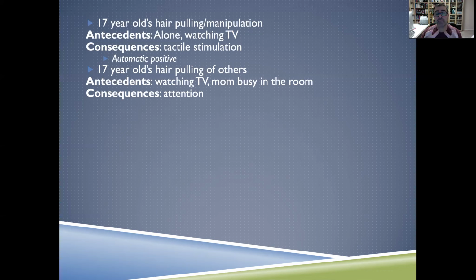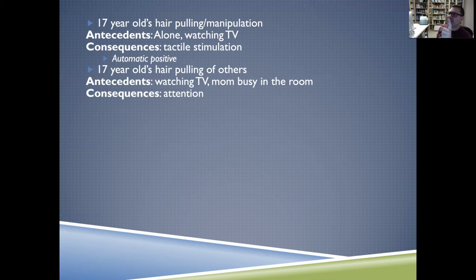Now, if we find out through a functional analysis that the teenager pulls other people's hair because of the reaction that he or she gets from other people, then extinction here would be no longer giving a reaction, right? No longer producing a reaction. That would be what extinction would look like.